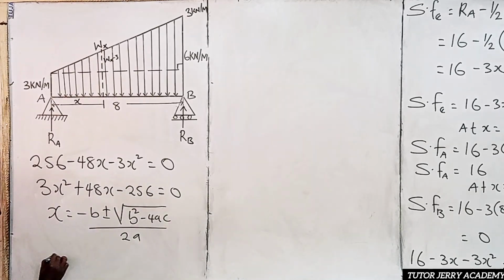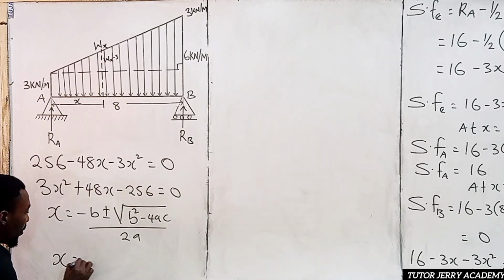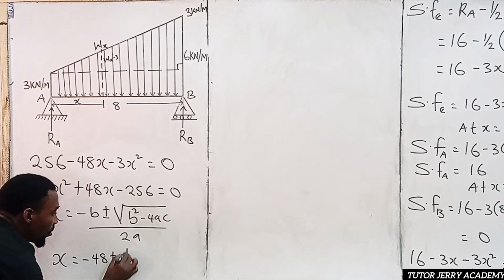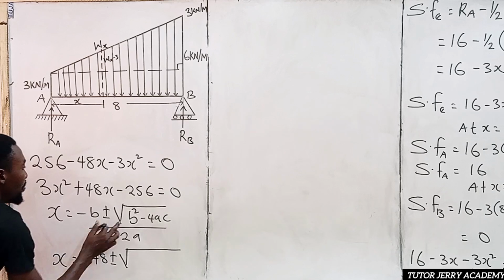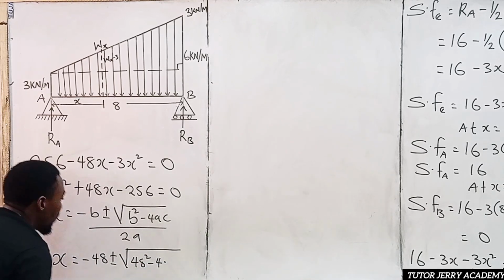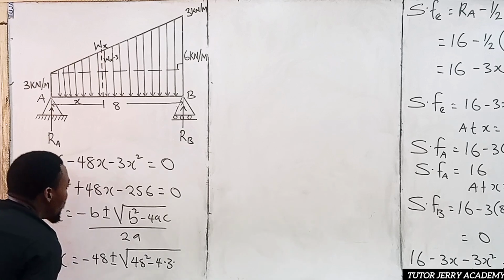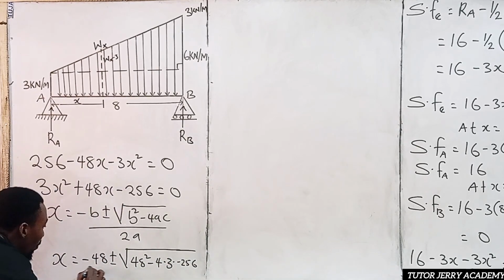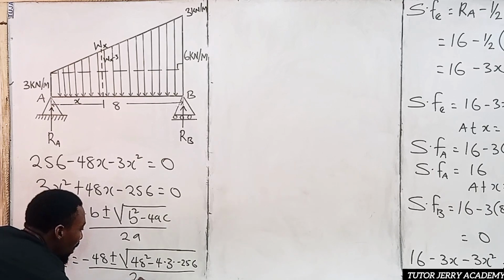So we are going to have S equal to minus 48 plus or minus the square root of 48 squared minus 4 times A, which is 3, multiplied by C, which is minus 256, all over 2 multiplied by 3.